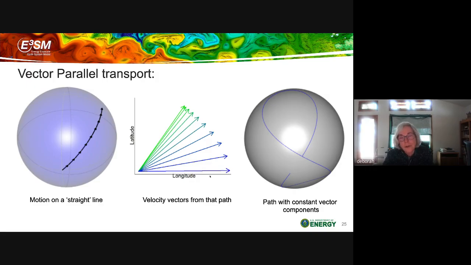Because of those metric terms, the latitude and longitude components of the velocity vector are changing as you move, as they should, going from one tangent plane to the other. If you don't do that, this is what the trajectory of the point would be. As I said, it turned out to be quite a striking difference, much more than we were expecting.